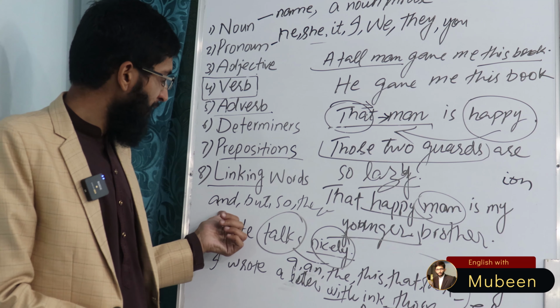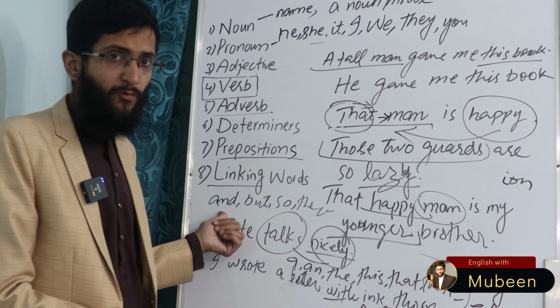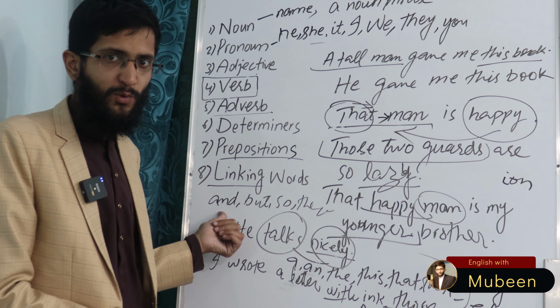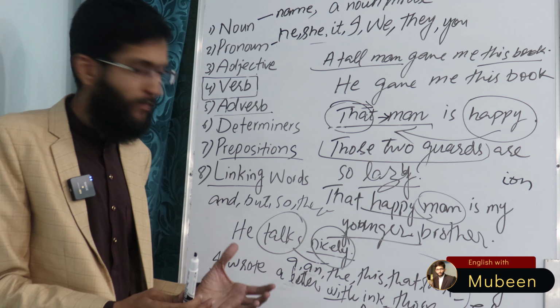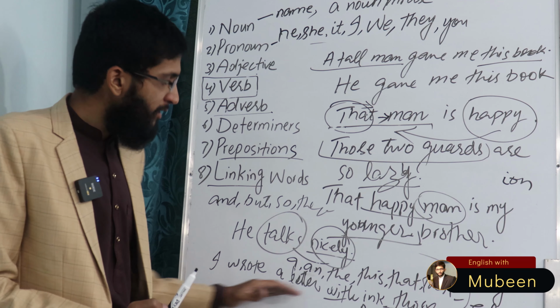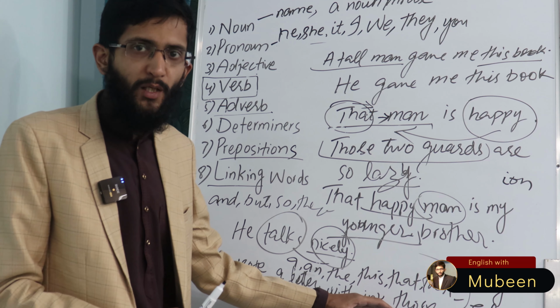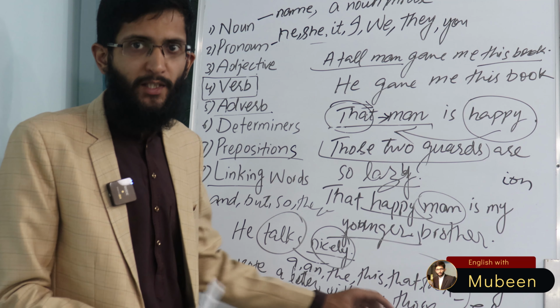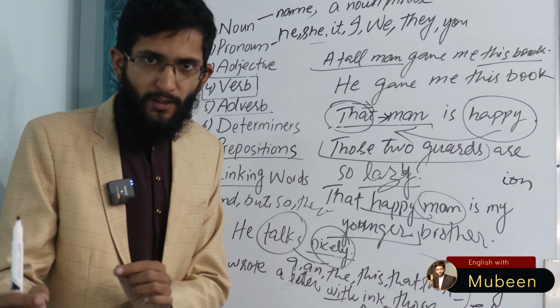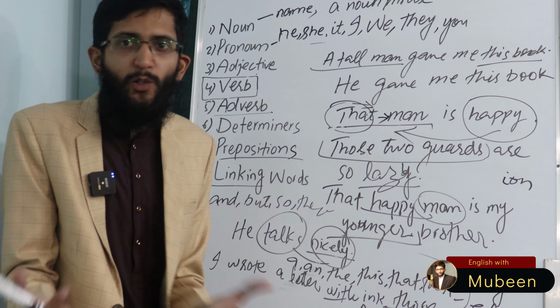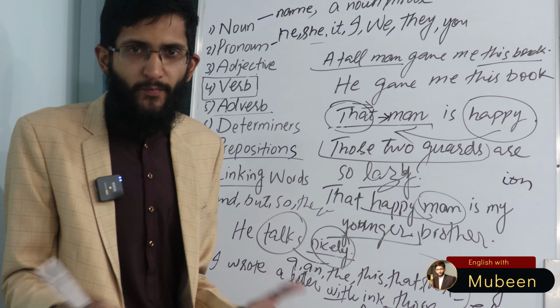So the last thing can also play a vital and interesting role in stretching your sentences. For instance, I wrote a letter to my friend to tell him about my studies because. So because is a linking word. Why did I write?